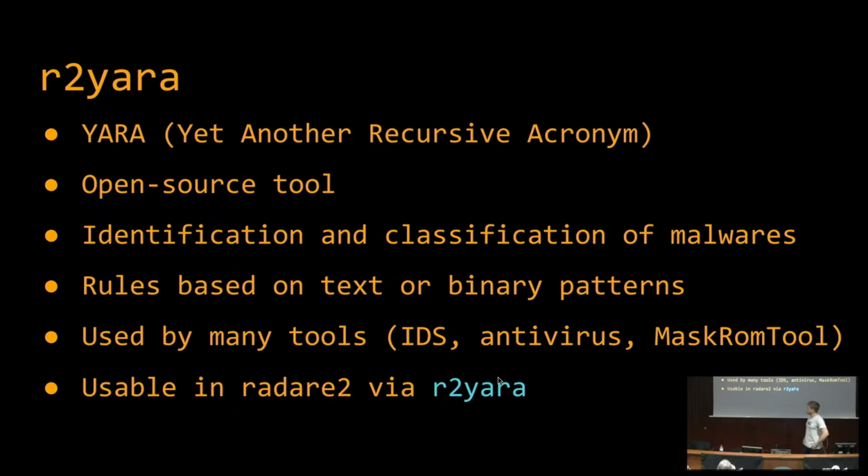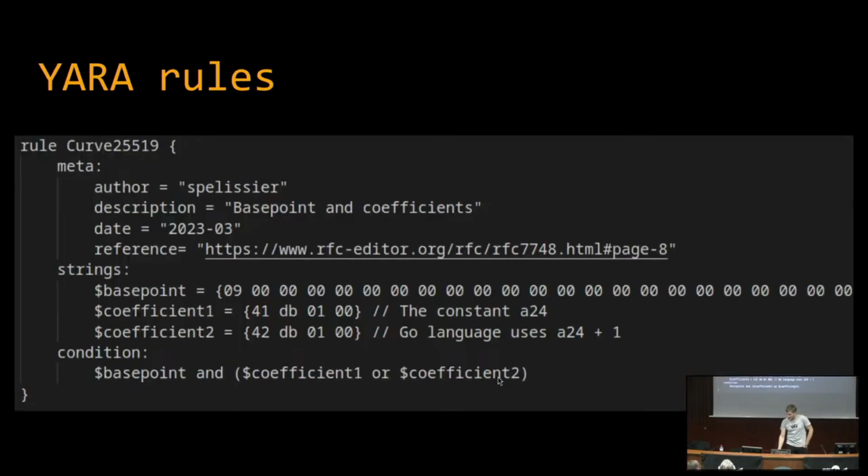And in r2, you can use Yara as well with the r2 Yara plugin. This is an example of a rule we will use during this talk. It's really simple. You write the metadata with the author, the description, the date, and so on. Then you write your pattern, like the base point in hexadecimal. There are a lot of ways to describe your pattern, and I really encourage you to have a look at the documentation.